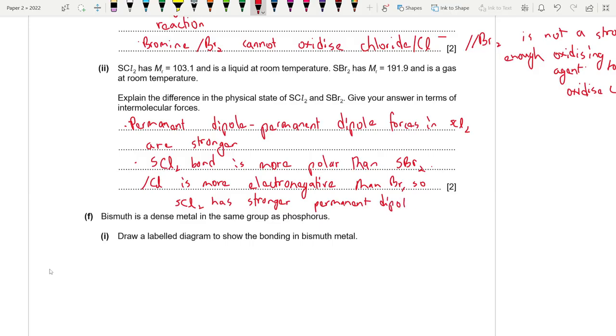Fine, that's good. And there was an alternate for point one. I told you guys that intermolecular forces are stronger in SCl2, or the sum of instantaneous dipole attractions and permanent dipole attractions in SCl2 is greater than those in SBr2. Right? You could also say that. It's much longer, though. I prefer this. This just gets to the point, right?